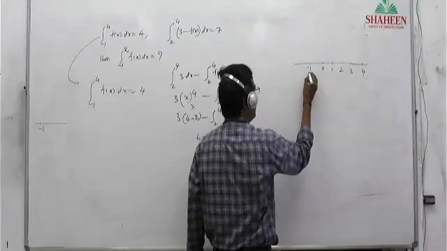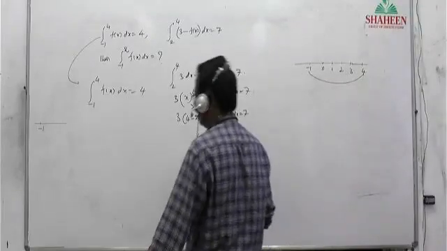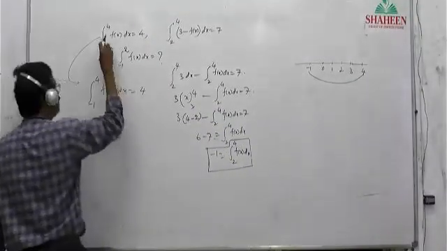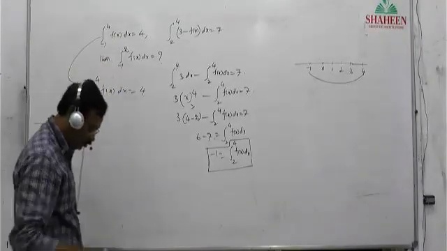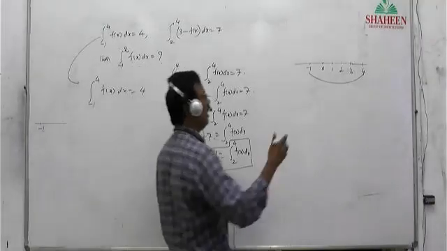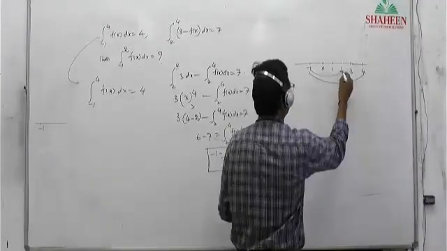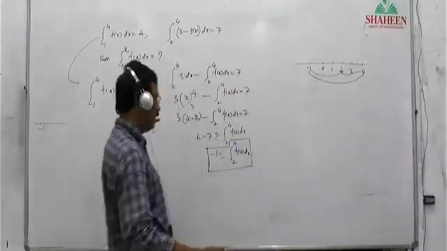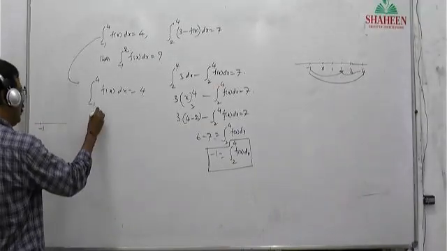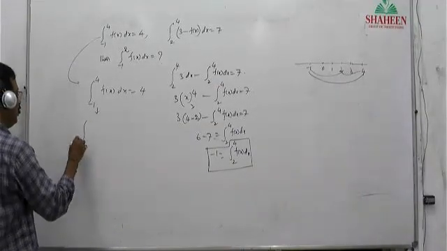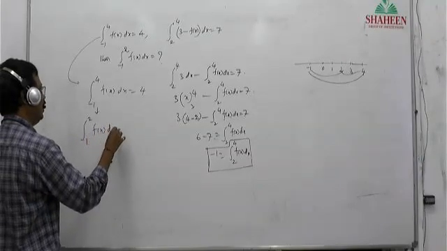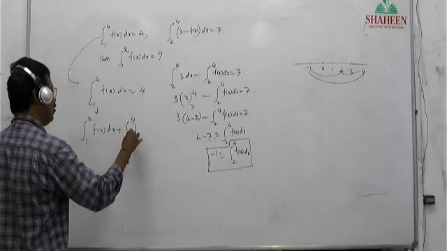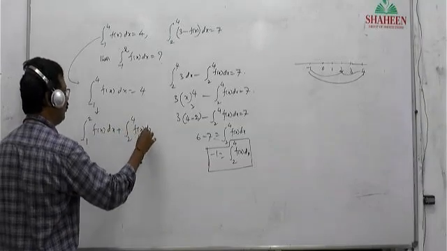Minus 1 to 4 integral. But what we want is minus 1 to 2. This we can write as minus 1 to 2, next 2 to 4. Therefore, I am writing the integral minus 1 to 2 of f(x) dx and the integral 2 to 4 of f(x) dx. Able to follow all of you?